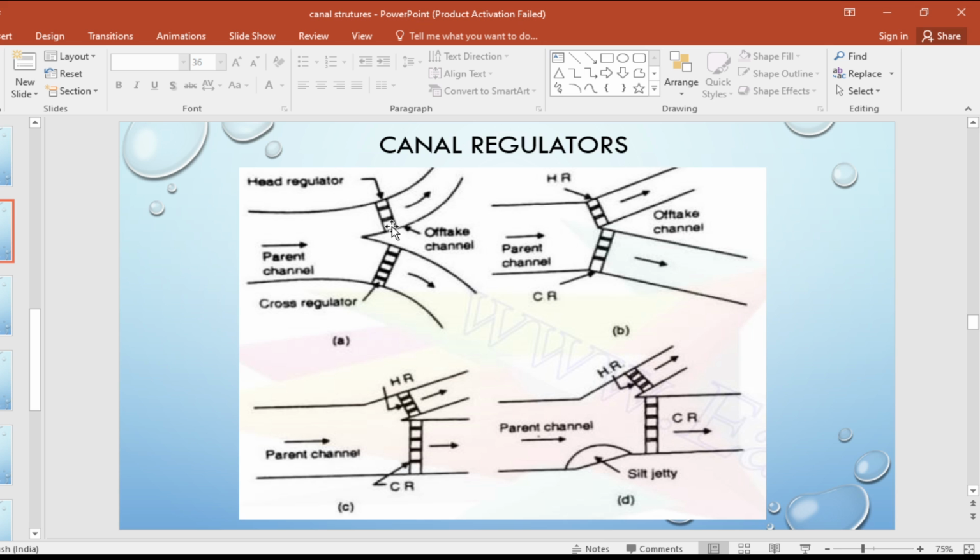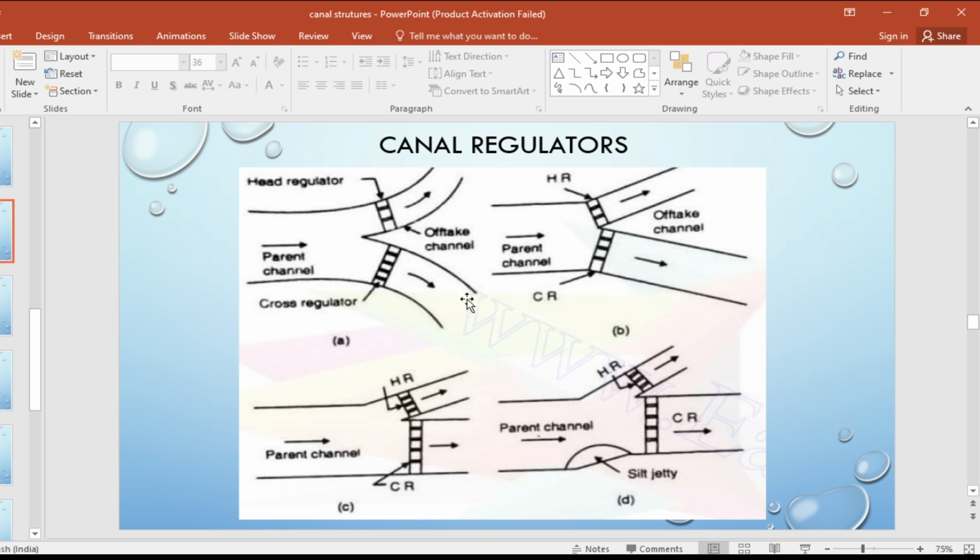Also on the offtake channels, two regulators are provided. First, here is a head regulator and here it is a cross regulator. Head regulator HR, cross regulator CR.